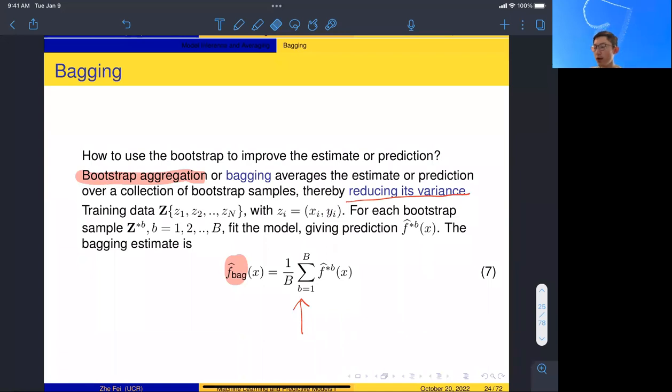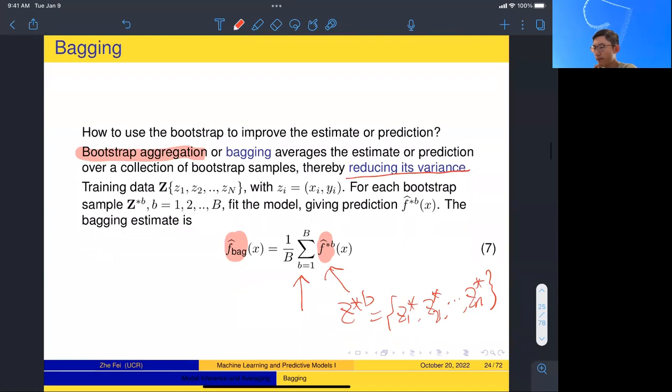Each one of these f star hat B is based on the bootstrap sample D star B. For example, we can write this out as D star 1, D star 2, the bootstrap samples that we have.